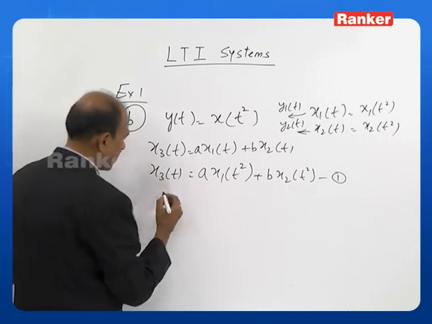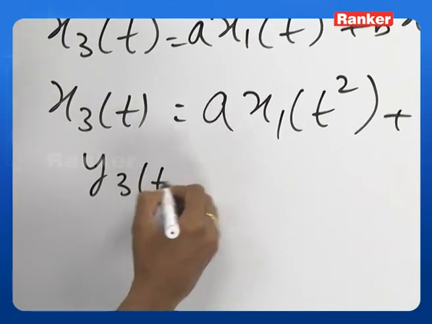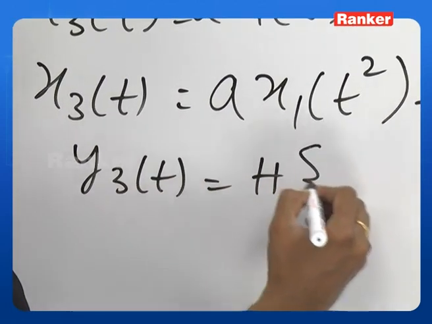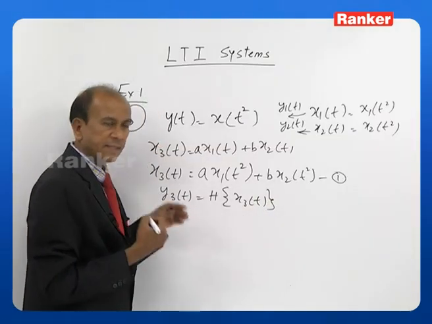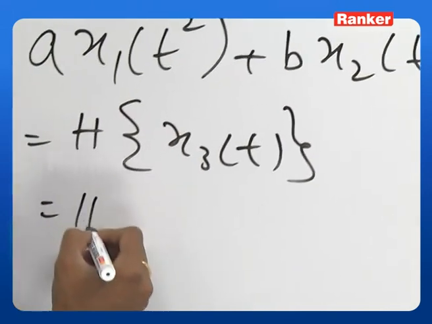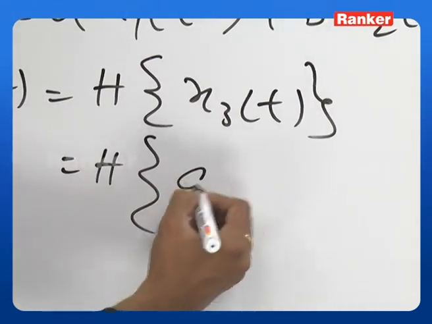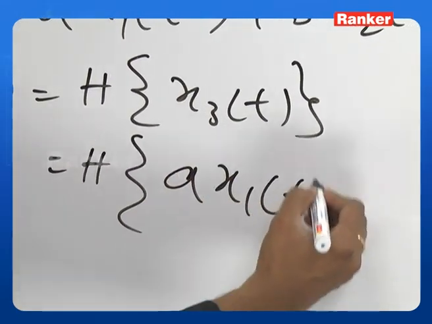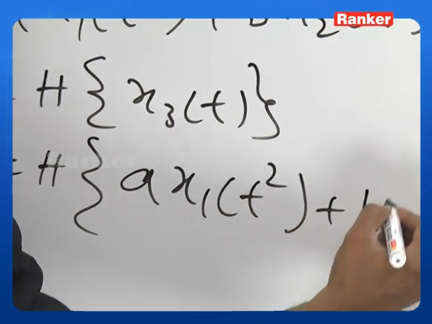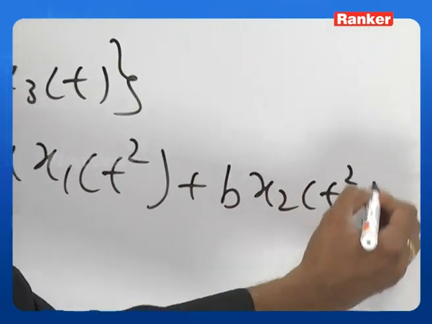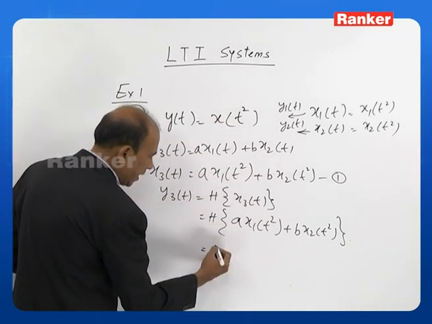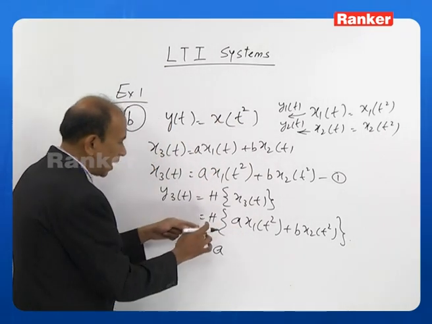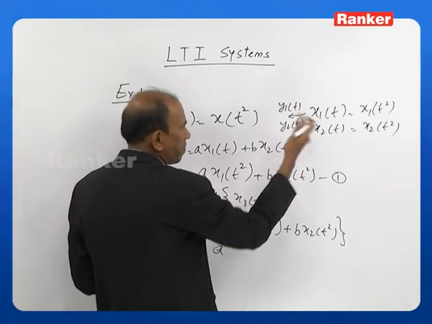Similarly, let us find out what y3 of t is. y3 of t is the system response of x3 of t, that is the system response of a x1 of t square plus b x2 of t square. Now, we will bring out a here, and h of x1 of t square is nothing but y1 of t.